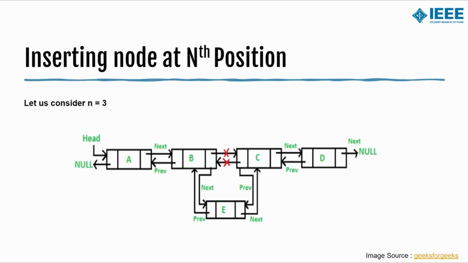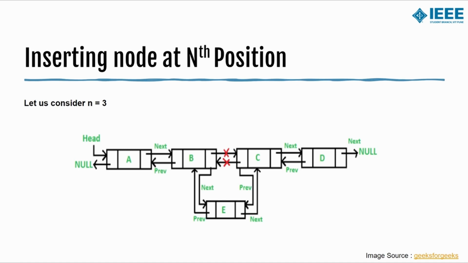So based on that, it is going to find that particular n minus ith node. Suppose we are supposed to enter the node at position 3 as of now; after finding the n minus ith node, that is the second node, we will insert the new node after the second node. We are supposed to make the next pointer of the second node, the n minus ith node, point towards the new node.